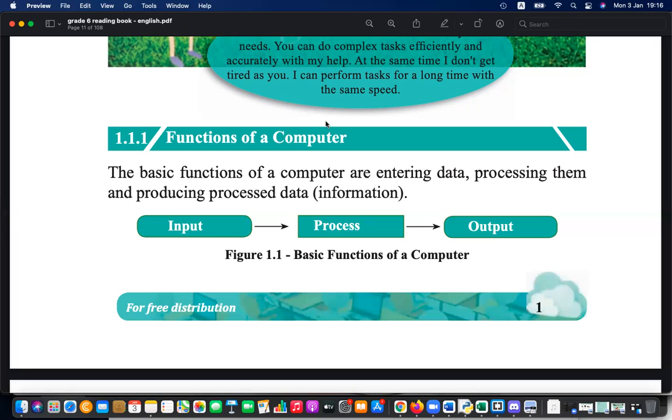So I'll try my level best to talk to you only in English, right? Because we have to adapt this today. There's a Sinhala medium class going on, and we have given you permission to come to both classes, Sinhala and English medium. If you're having language issues, since grade 6 is your first grade now, after grade 5 you are coming to the secondary school, sometimes you might have issues with the languages.